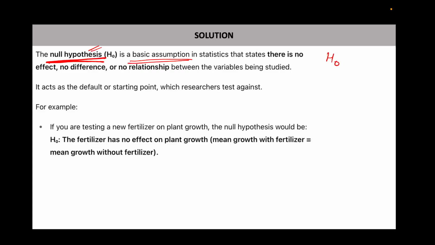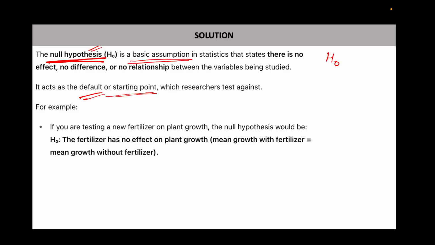The null hypothesis usually acts as the starting point or the default statement when any kind of test is to be done by a researcher. Before beginning any research, the first statement that is given is the null hypothesis, and that first statement is always that this is not happening, or there is no effect, or there is no difference, or there is no relationship.